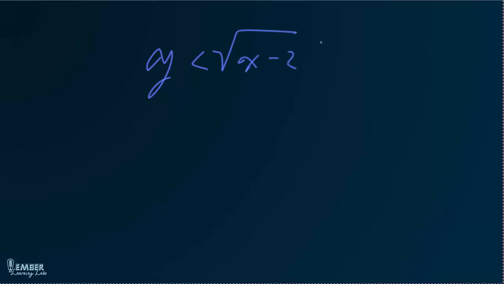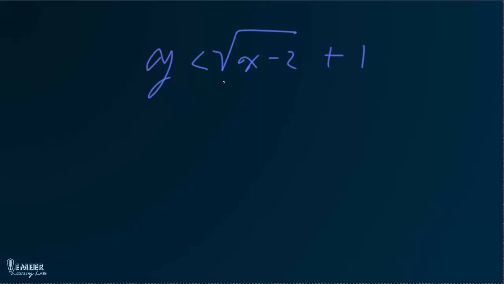There we go. So we're going to do one more example. That's all right. This is a short video anyway. Calm down. This time we're going to do an inequality. So instead of equals, we're going to have greater than or less than. In this particular example, it's going to be y is less than the square root of x minus 2, and then plus 1.